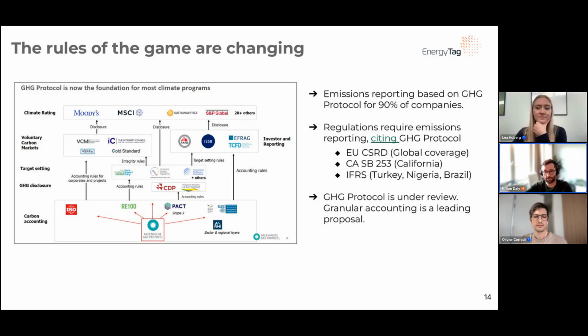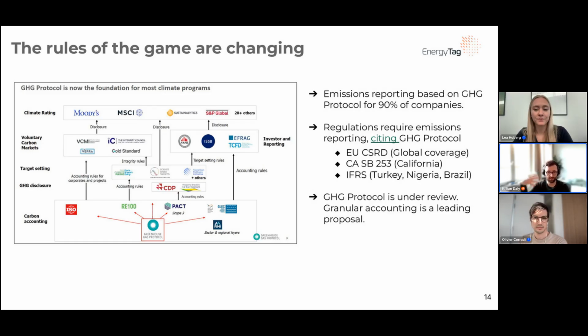So the EU's Corporate Sustainability Reporting Directive, when that gets enacted, state level reporting requirements in the US, like California's regulatory requirements, and also through the IFRS standards, which are legally mandated in Turkey, Nigeria, Brazil, and other countries around the world. So we are moving from an age, I would say, of voluntary to regulatory reporting.